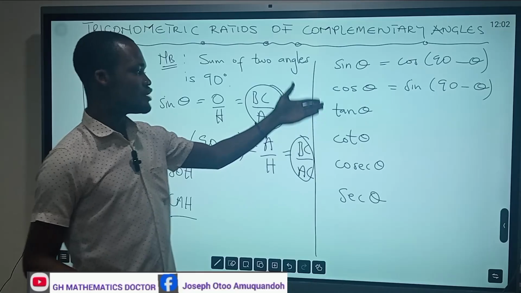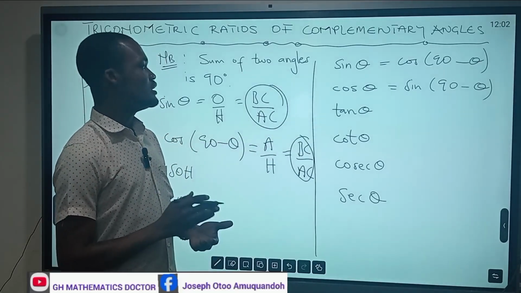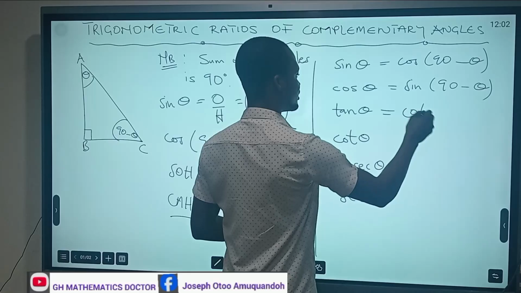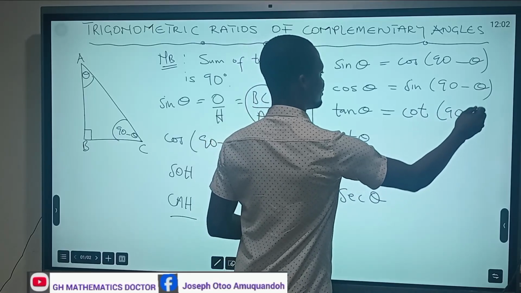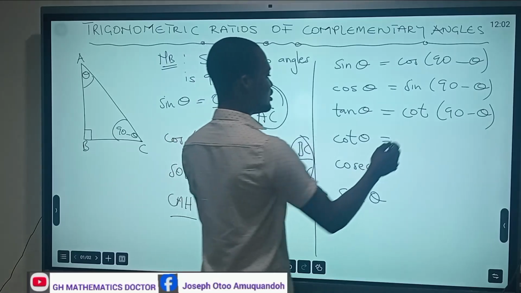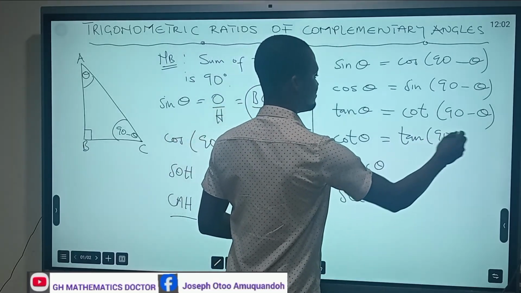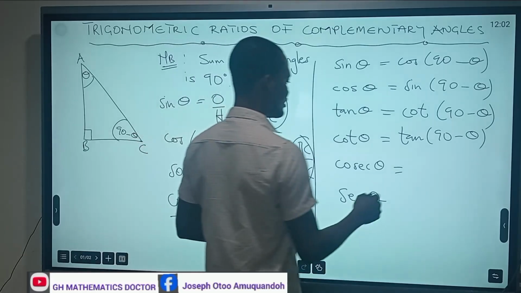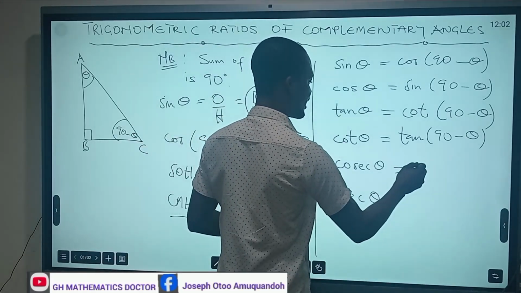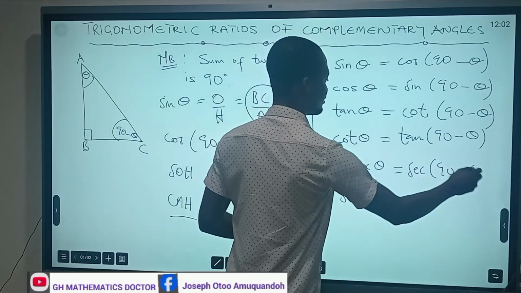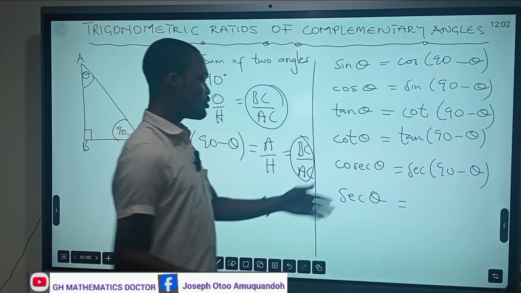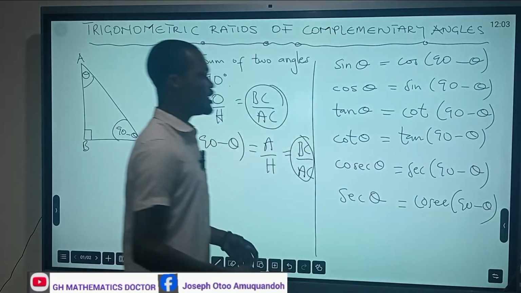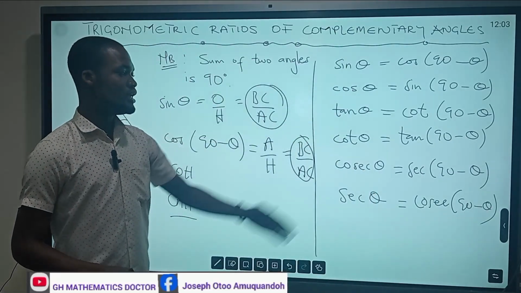Tan and cot also have the same complementary angle relationship. So tan theta gives you cot 90 minus theta, and cot theta gives you tan 90 minus theta. Then cosec and sec also have the same complementary angle. Cosec theta gives you sec 90 minus theta, and sec theta also gives you cosec 90 minus theta. So these are the complementary angles in relation to these three pairs of ratios.